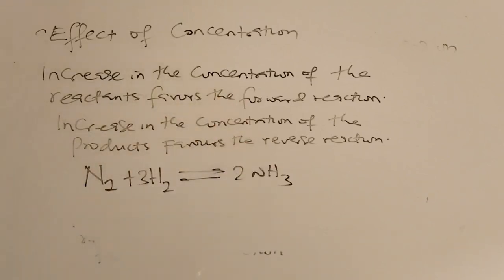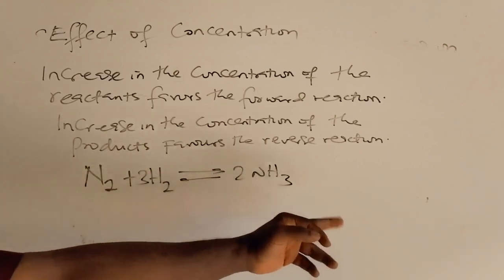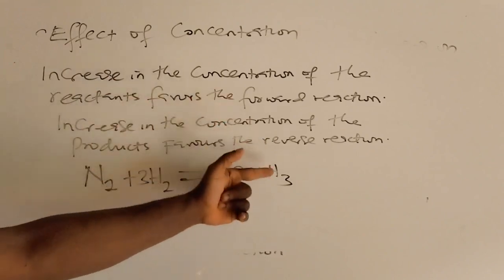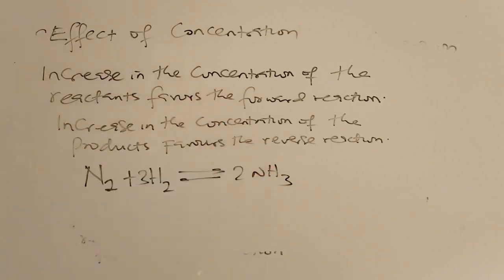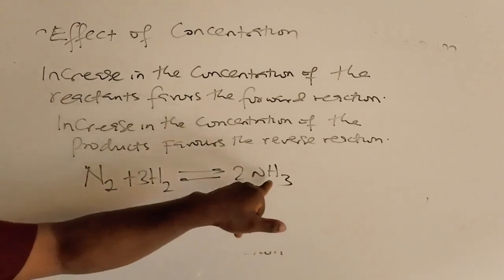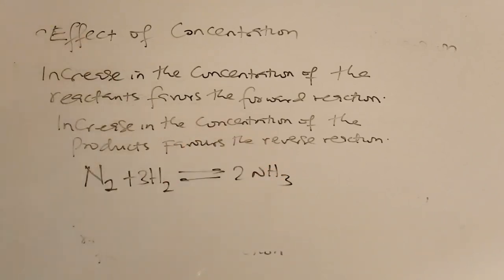Then we can still increase the concentration of the reactant by keeping the reactant constant and removing some of the product, making this side have a higher quantity. That will still favor the forward reaction. We can also increase the concentration of the reactant by adding a substance that is not in this reaction, a substance that will react with the product to produce one or more of the reactants.